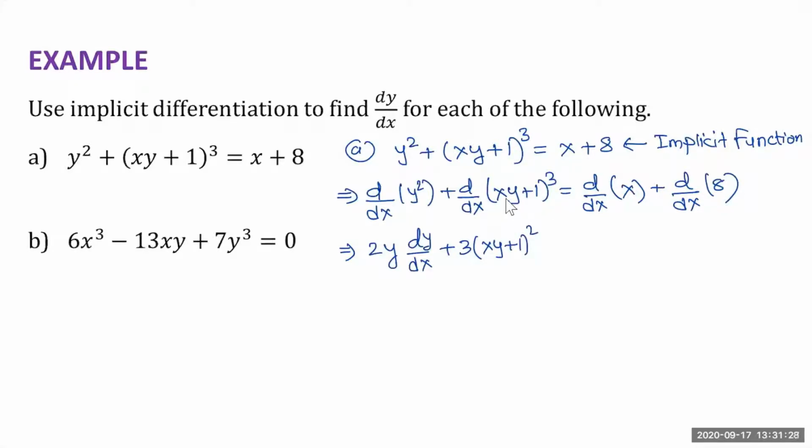Now you have to multiply by the derivative of the inside function, which is xy plus 1, equal to, on the other side, the derivative with respect to x of x, that is 1, and the derivative of the constant, that is 0. So we use implicit differentiation in this step along with the chain rule there.